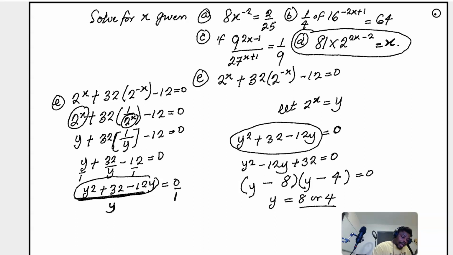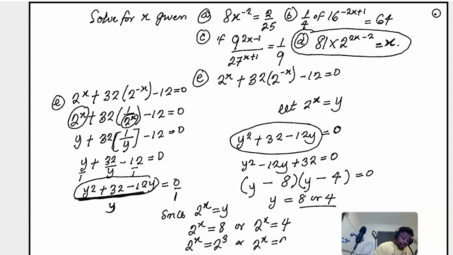We introduce y. So I will say since 2 raised by x is equals to y. Alright? So that is 2 raised by x. What is my y? Y is either 8 or y is either 4. So this is 2 raised by x. Remember, this is 2 raised by 3 as 8.